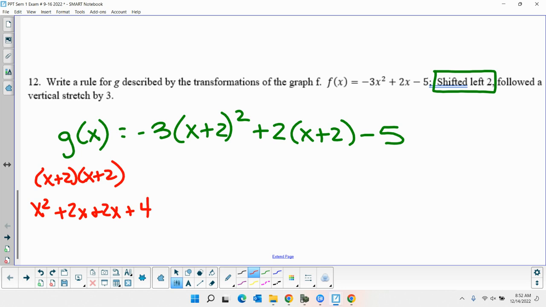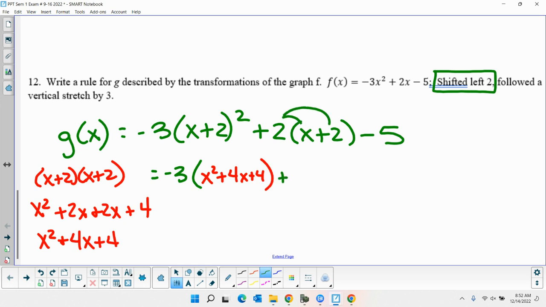Which is x squared plus 4x plus 4. You guys get in a hurry and you just square x and 2 and write x squared plus 4. That's not correct. So we've got this negative 3 times this x squared plus 4x plus 4 now.